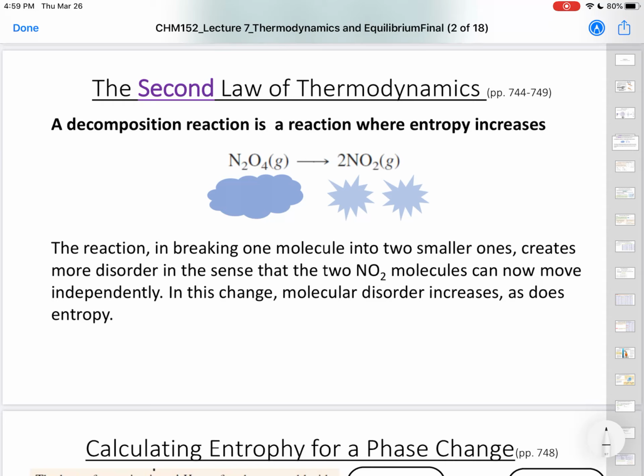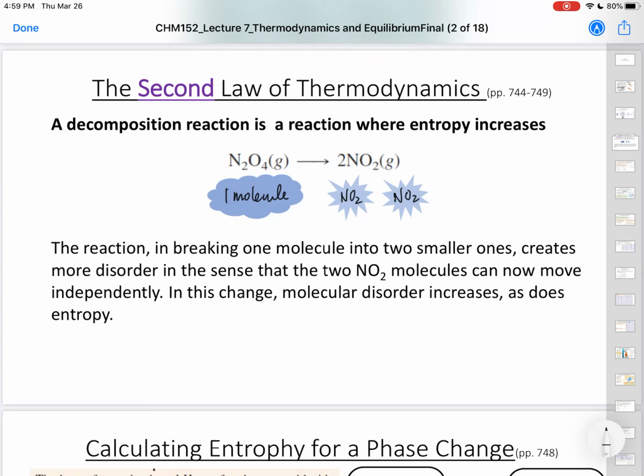So, again, the second law of thermodynamics, this is again a pictorial representation. You have here N2O4. So I've represented N2O4 as one molecule, and so it's a big clump, okay? And what happens, it becomes 2NO2. So this one molecule is becoming two distinct separate molecules, right? So you've got here one molecule of N2O4.